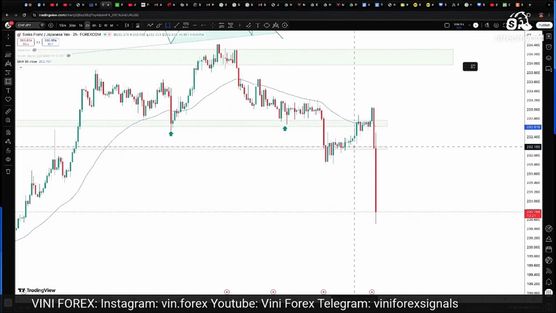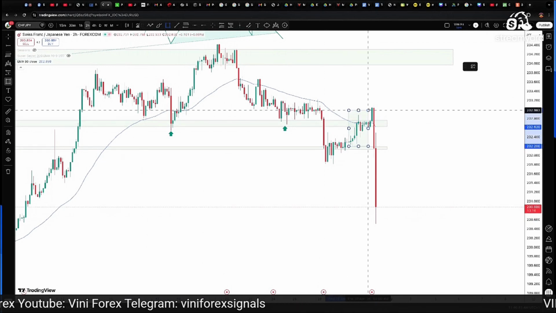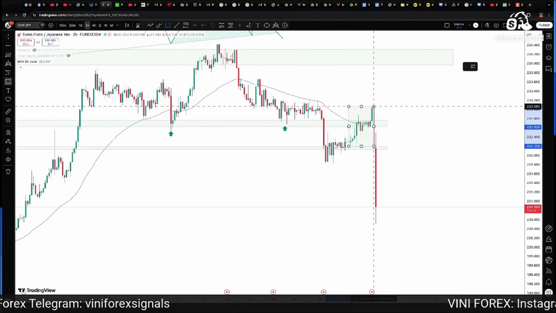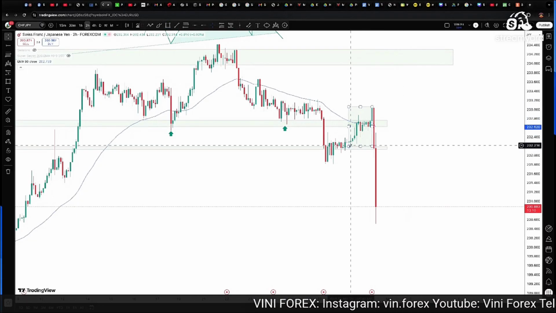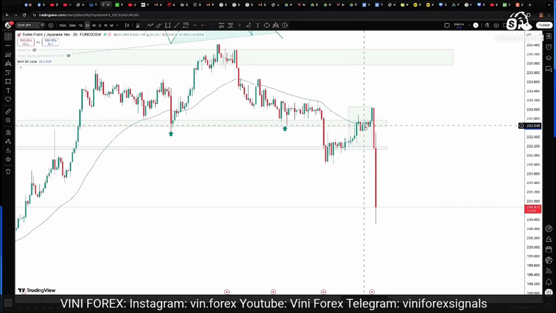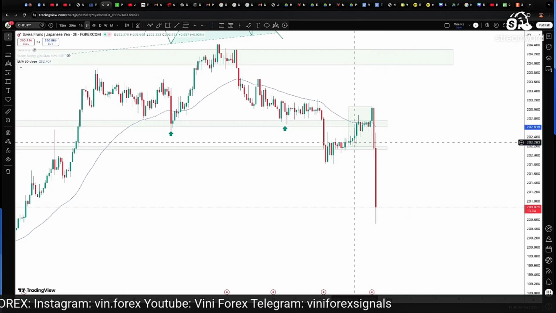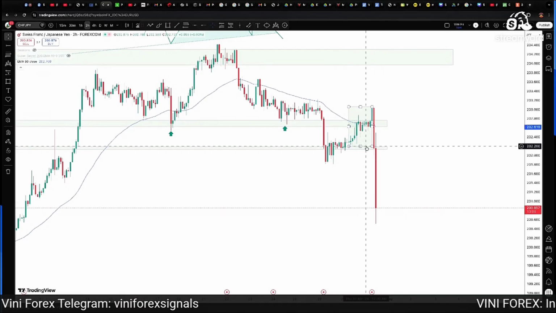What do I mean? From this point, go up this way. Do you see this? Yes. Inside this space I've marked out, there are about 14 candles that printed one by one.